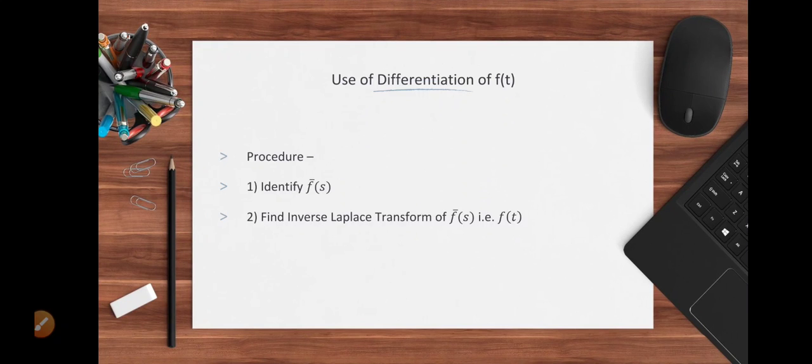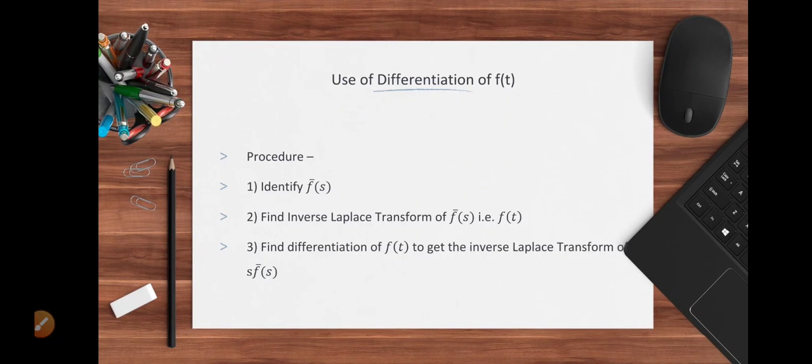Now you have to find its inverse Laplace transform, which you are going to call f of t. Then to find inverse LT of s into f bar of s, you have to take the derivative of f of t. If it is to find inverse LT of s square f bar of s, then you have to take the derivative of f of t 2 times.